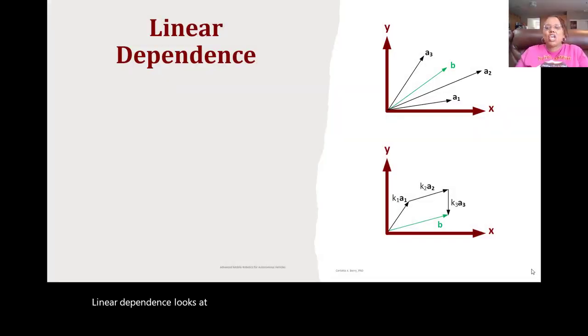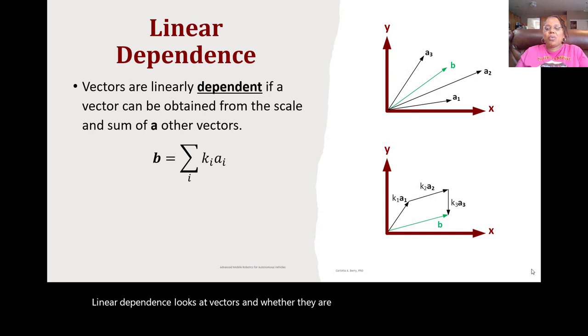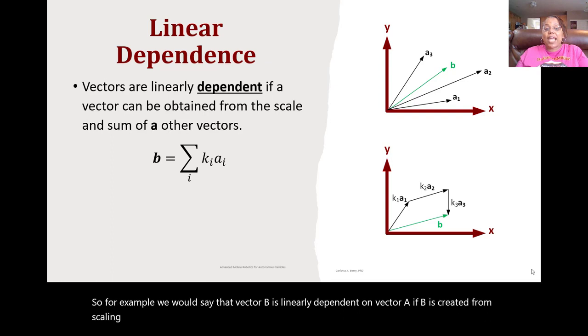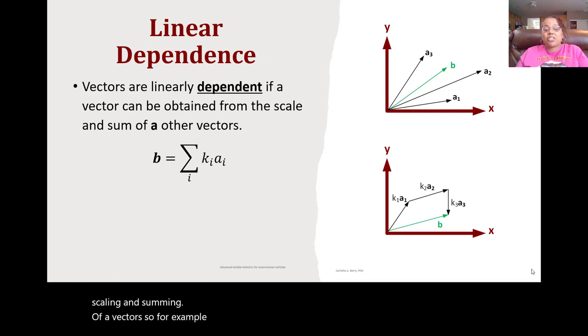Linear dependence looks at vectors and whether they are dependent upon each other. So for example, we would say that vector B is linearly dependent on vector A if B is created from scaling and summing of A vectors. So for example, B would be equal to the summation over i of Ki Ai.